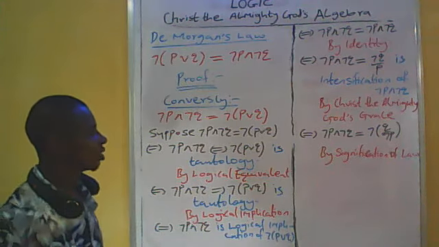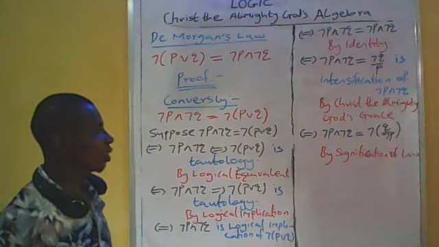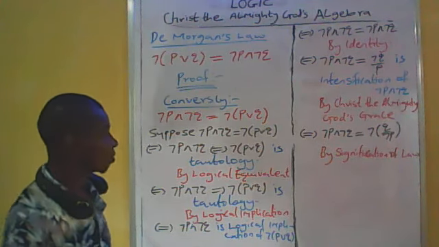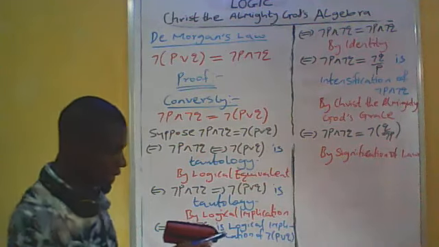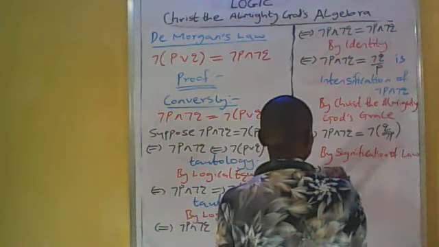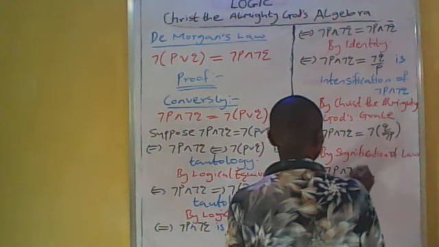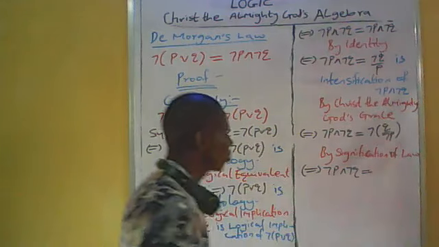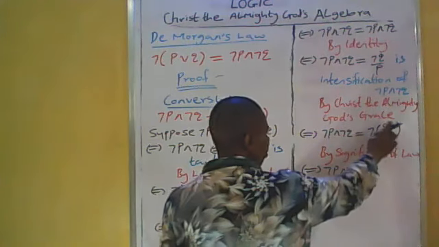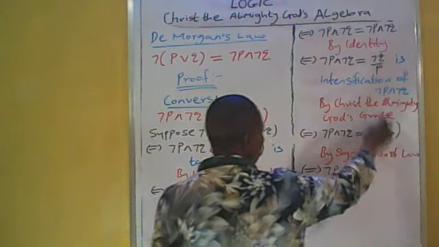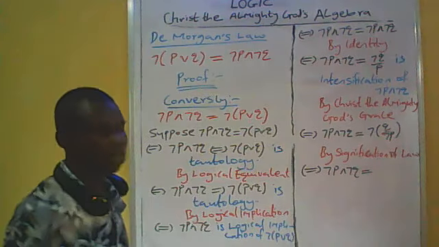Since I have now simplified the law, that becomes equal to each other. So if and only if not P and not Q is equal to. Now we are going to transform this conditional statement to a disjunctive statement.